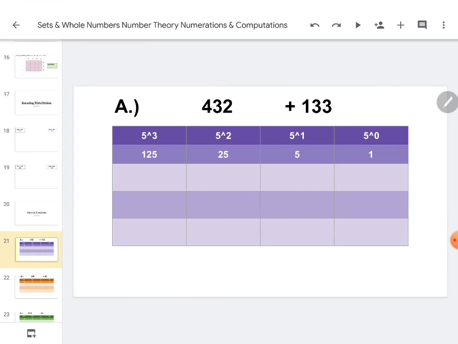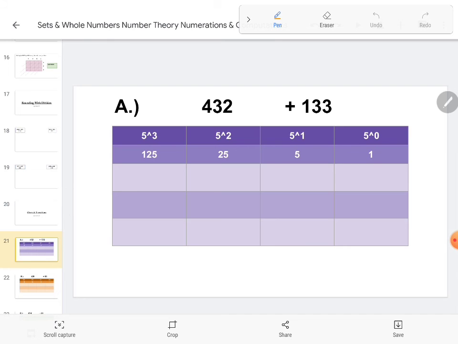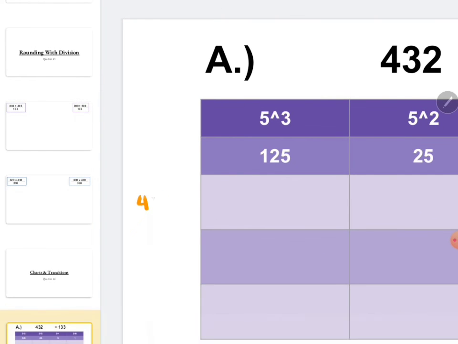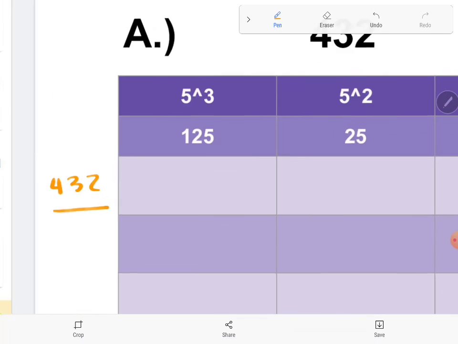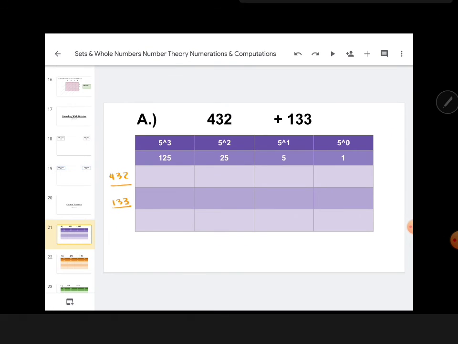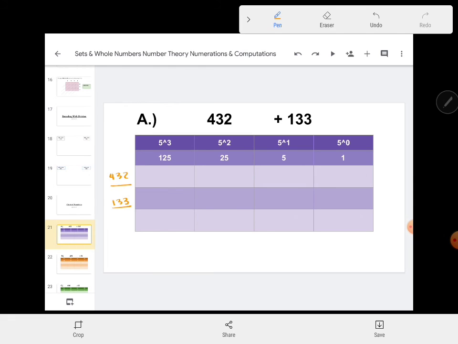It's actually very, very easy. The best way to fill it out would be to put 432 in this row right here and 133 in this row right here. Now we know that for our first row, for 432, we have a 2 in our ones place.